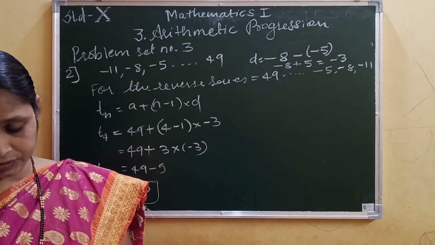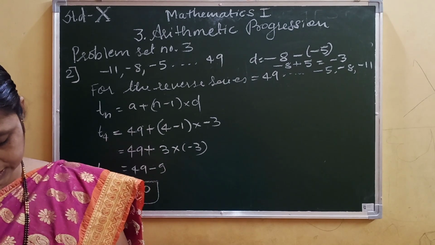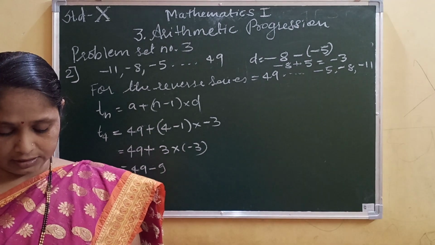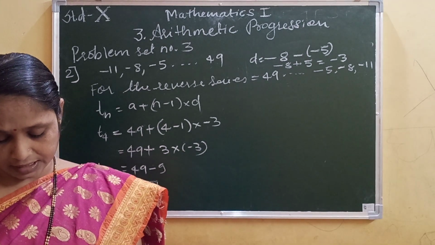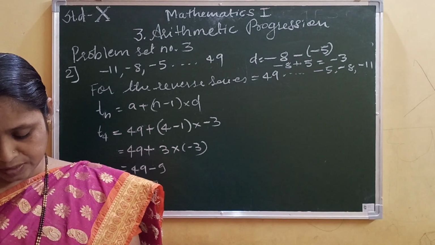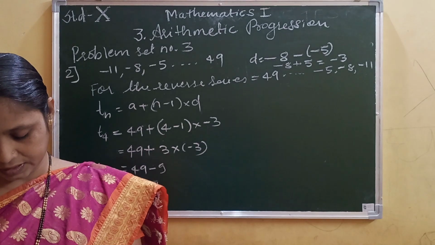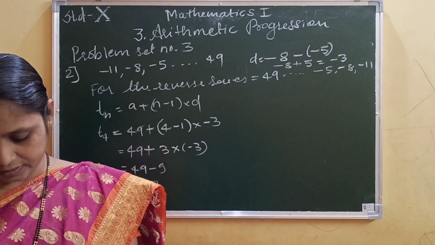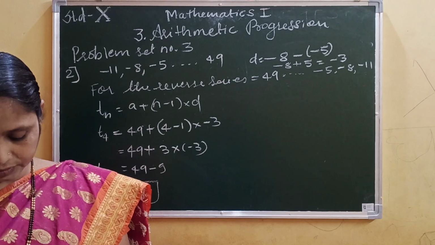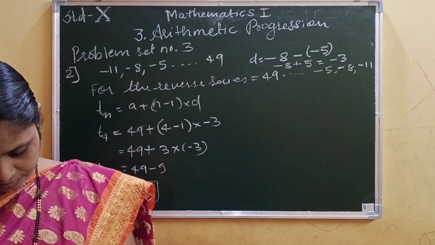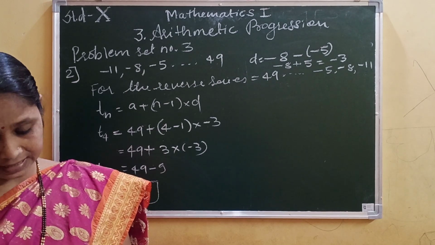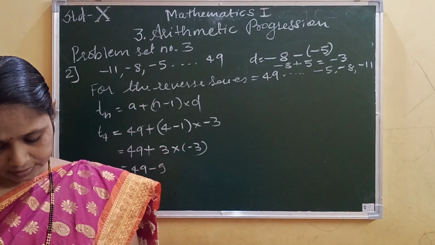Now after this we have the third example. Third question: in an AP the 10th term is 46. The sum of the 5th and the 7th term is 52. Find the AP. The third and 6th examples are the same.